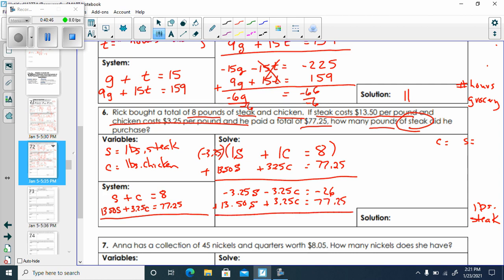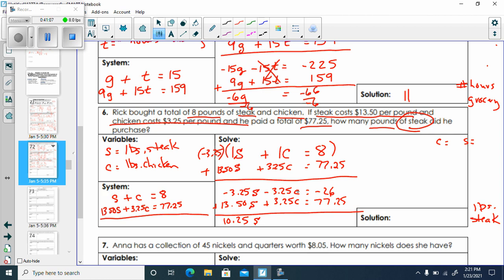Okay, now 13.50 minus 3.25, or negative 3.25 plus 13.50, gives me 10.25. So we got 10.25s.